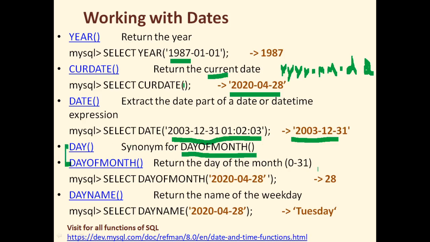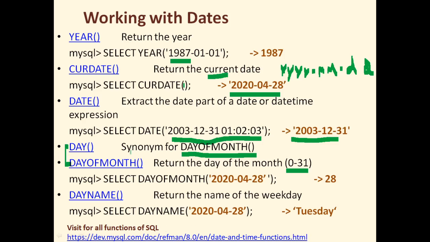They return the day number between 1 to 31. If today's date is 25th of July 2020, then the dayofmonth or day function will both return you the same number, and that is 25.